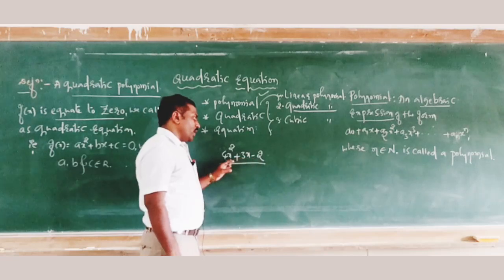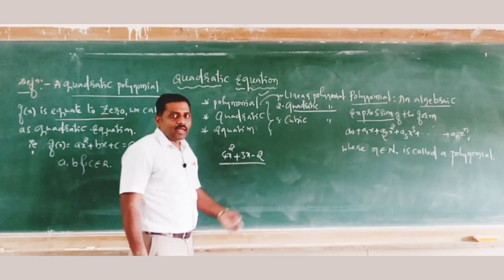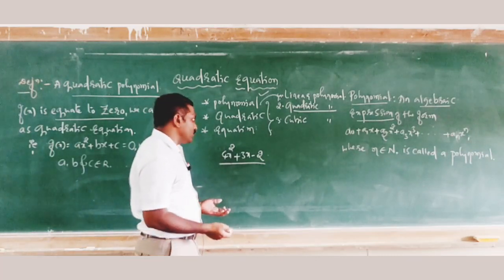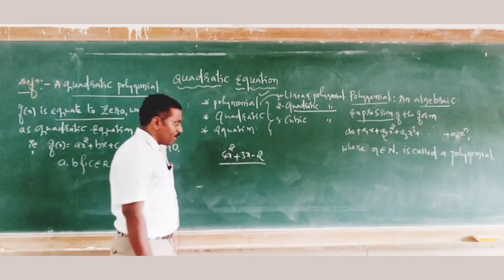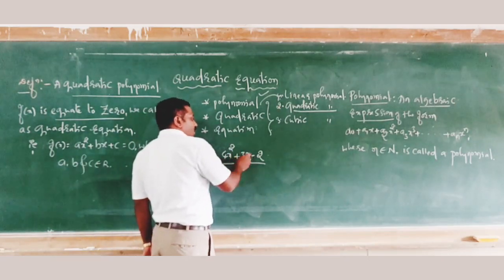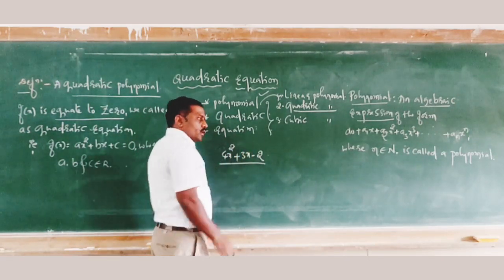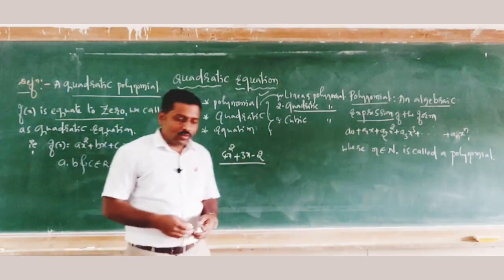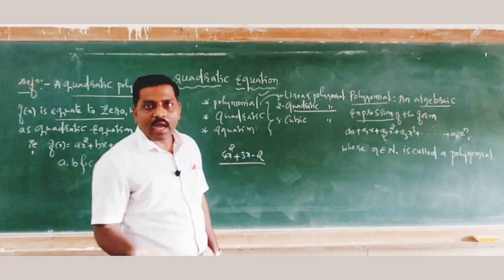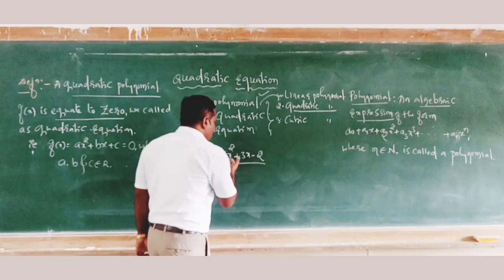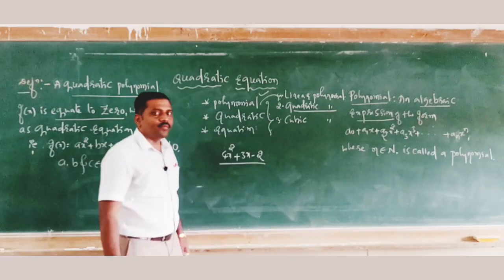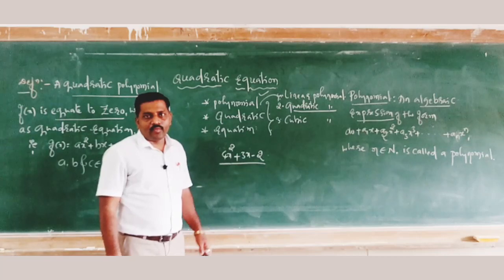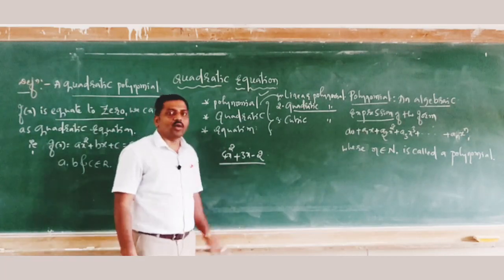The highest power of the variable in the given expression is called the degree. Here the variable is x. The power of x is 1 and here the power of x is 2. So between 1 and 2, 2 is the highest. Therefore the highest power of the variable x in the given expression is 2, and therefore this is a quadratic polynomial. A polynomial of degree 2 is nothing but a quadratic polynomial.